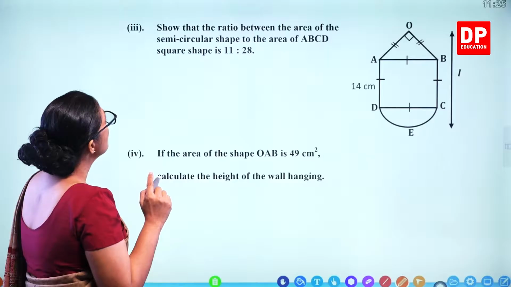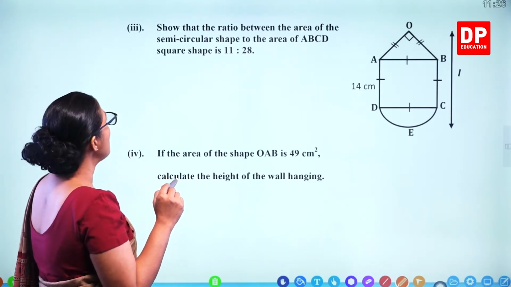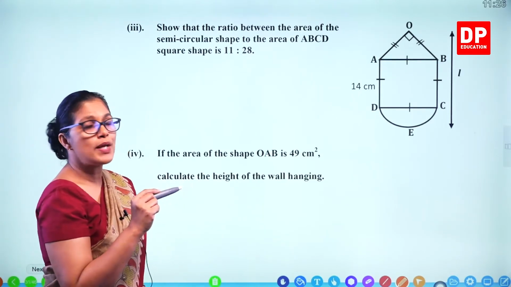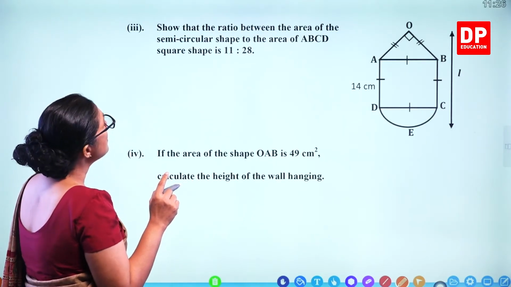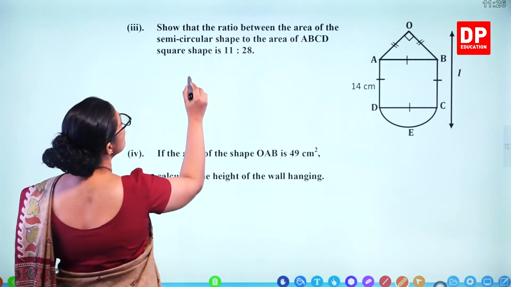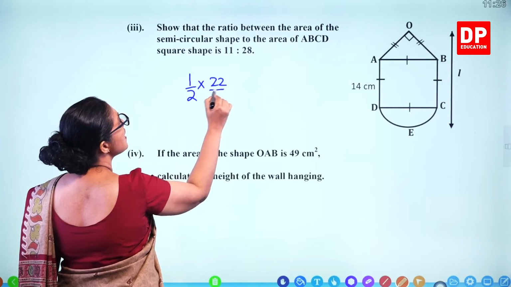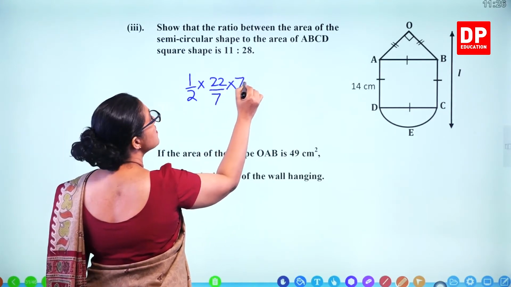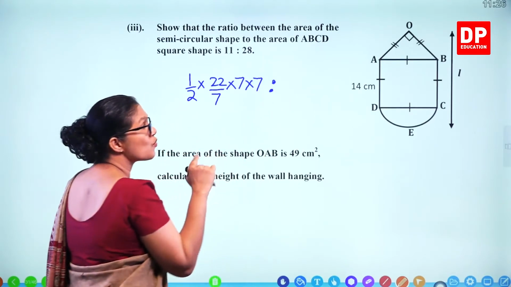Part 3. Show that the ratio between the area of the semicircular shape to the area of the ABCD square shape is 11 to 28. So we need to find the semicircular area. Half into pi r squared. So 22 over 7, radius is 7, 7 squared. And what's the area of the square?